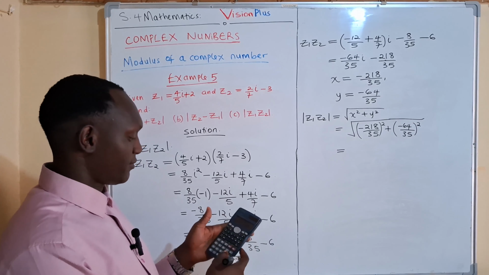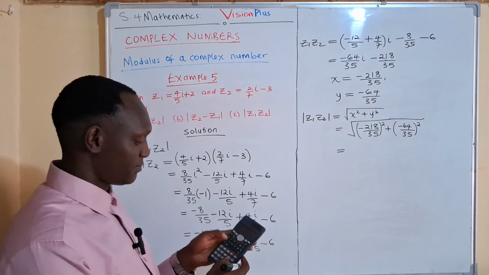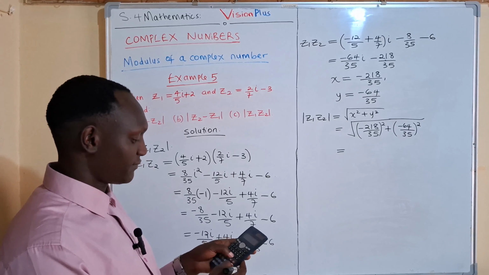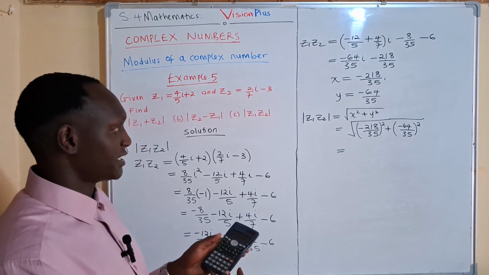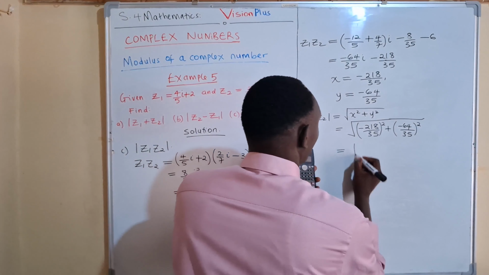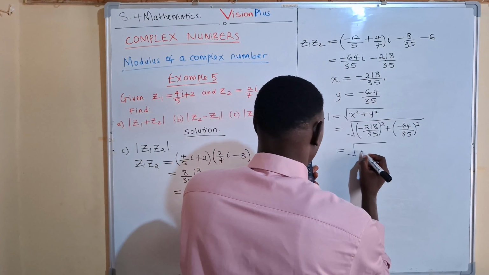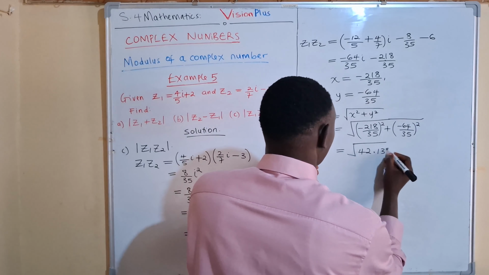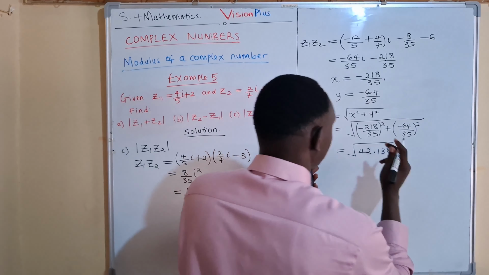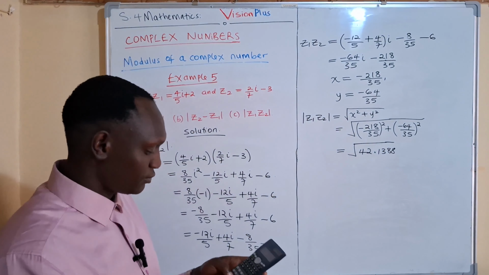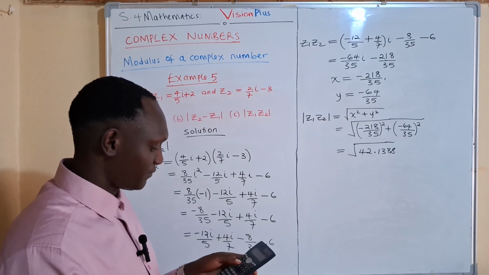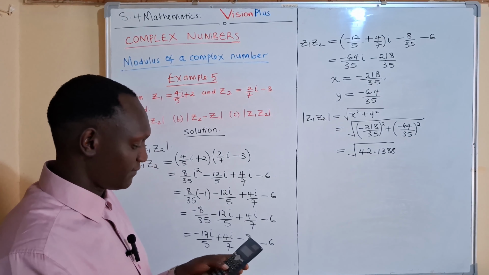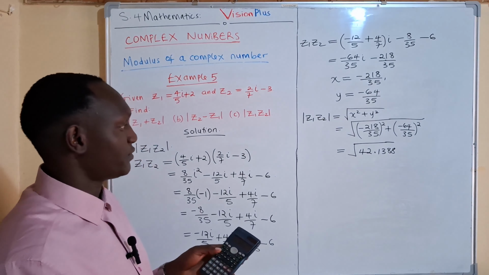I have 38.7 something. Then I'm going to add plus, open the bracket, negative 64 divided by 35, close the bracket, squared. It's giving me 42.1388. This is still under the root. So let me confirm, 218 divided by 35 squared plus 64 divided by 35 squared, yes, 42.1388.